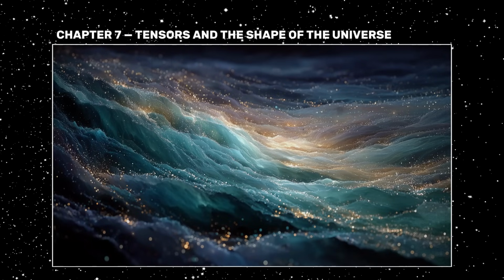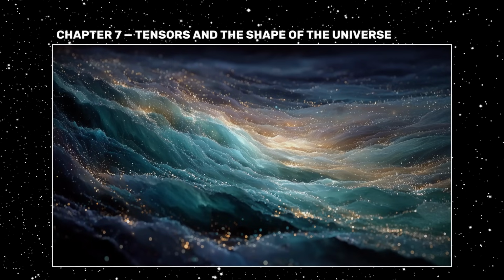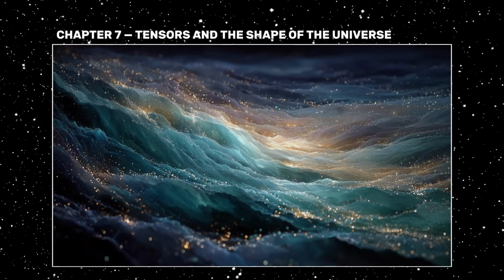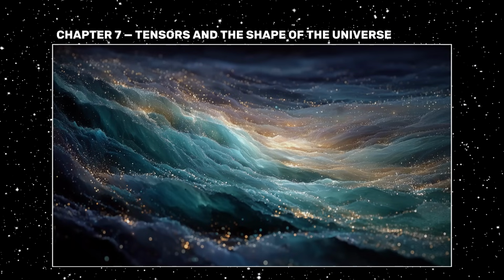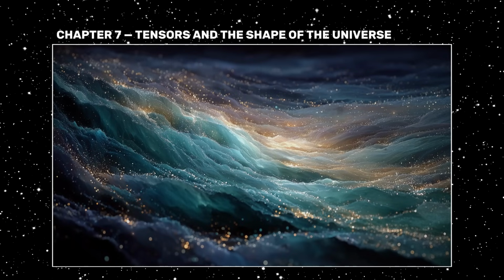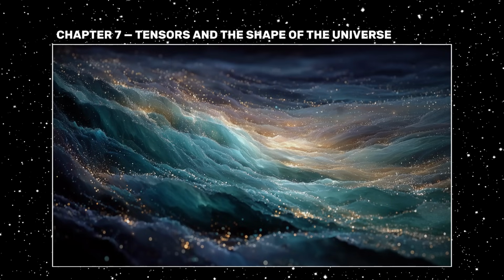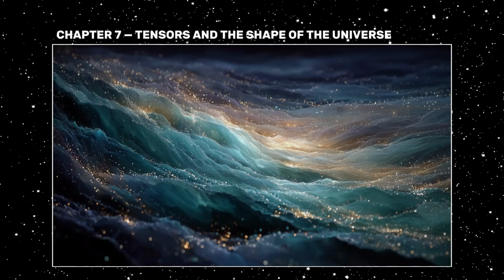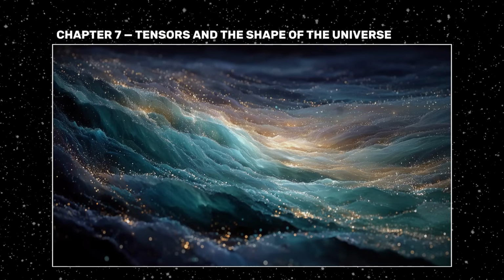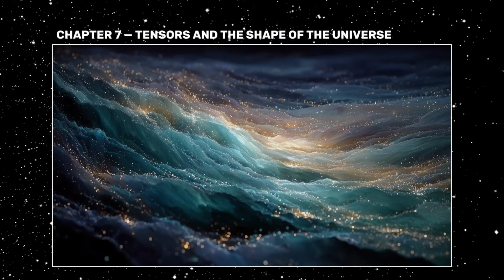Which of these options describes our cosmos is an empirical question, and to answer it, physicists look to observations of the cosmic microwave background radiation. This faint afterglow of the Big Bang carries within it tiny fluctuations, imprints of the universe's earliest structure.